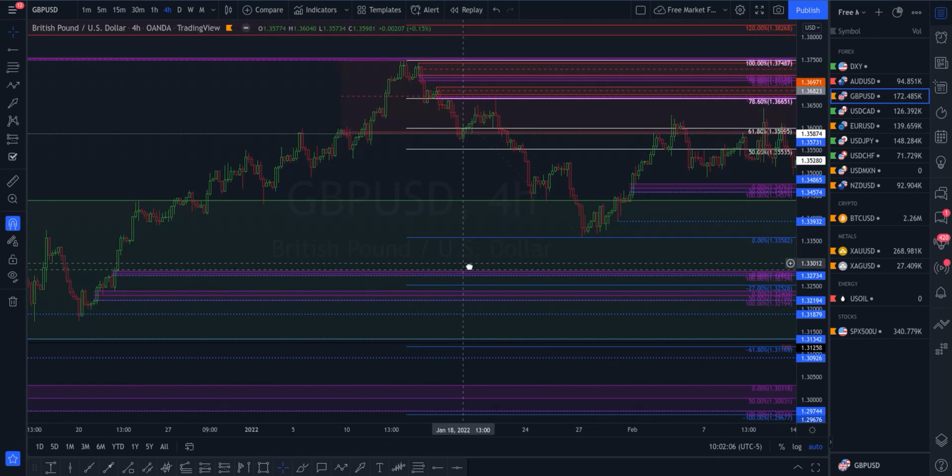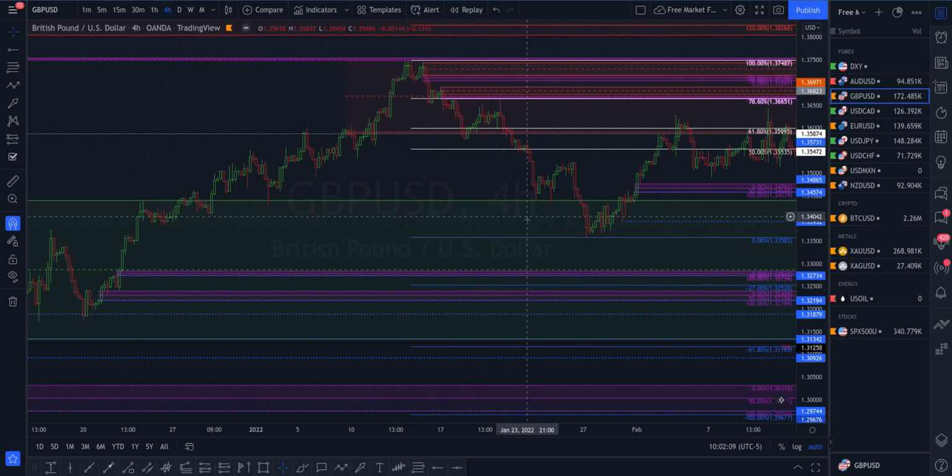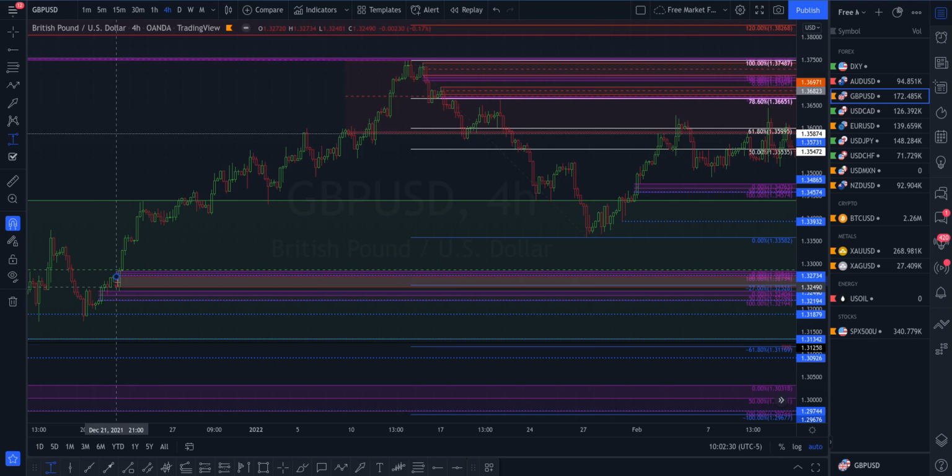I think if this market is going to go up, it probably would start, based on the 4-hour, if it follows the 4-hour market structure, I would be looking for this area right here. Oh, I'm sorry, guys. I need to use the channel tool.